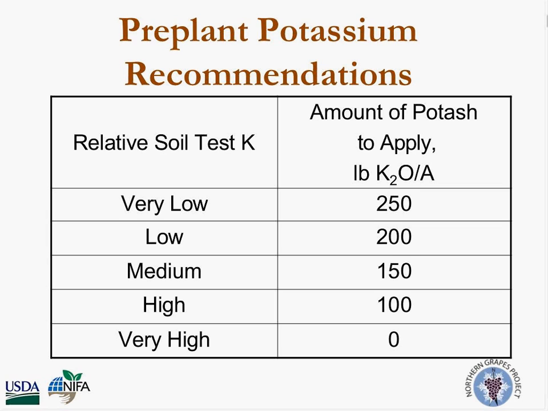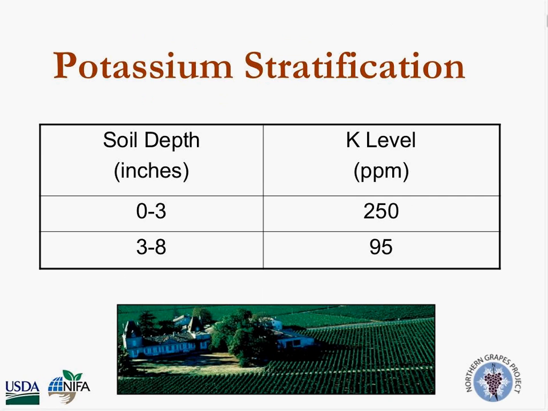In terms of what happens if you do not know your soil before planting, depending on the amount of clay, particularly if you're going to have a finer textured soil, one with a fair amount of clay in it, it's very difficult to move that potassium down, and what will happen is it accumulates in the top few inches.